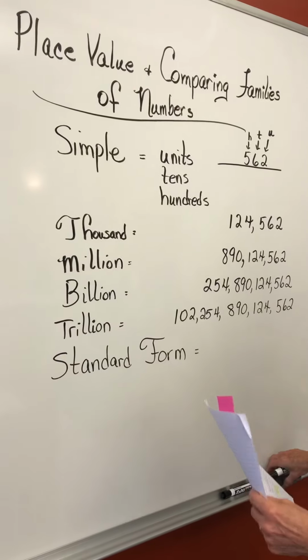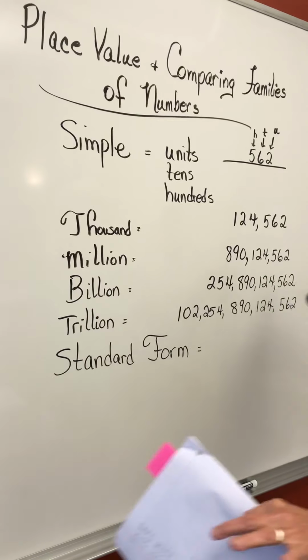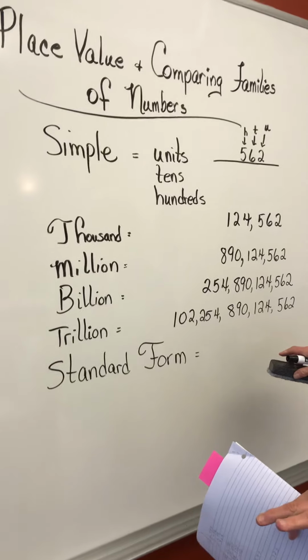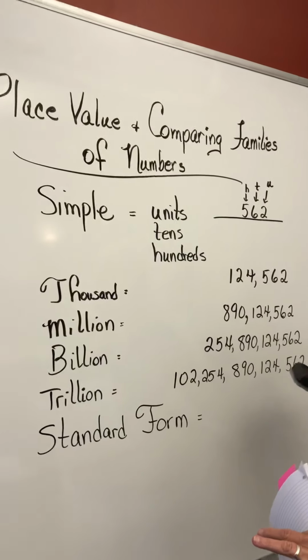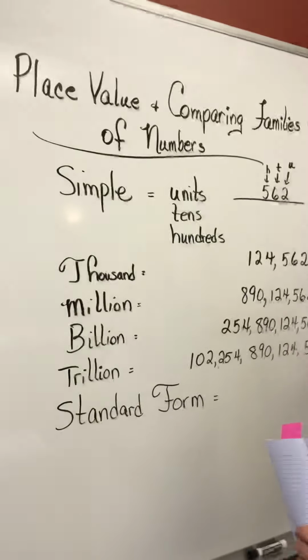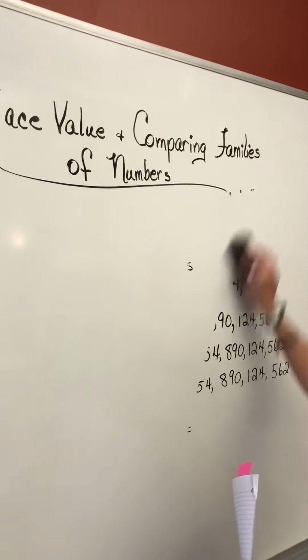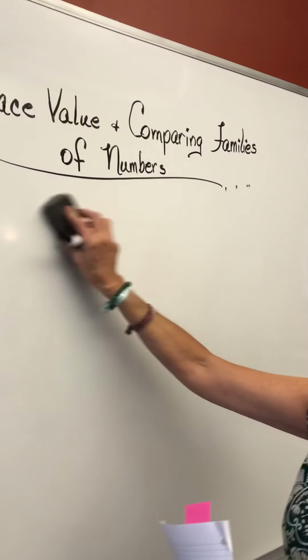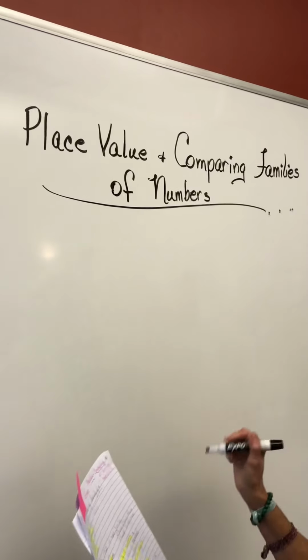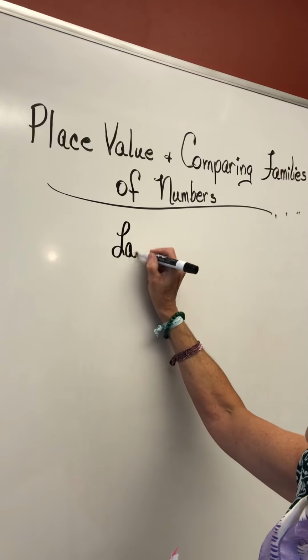If we have a really large number, so I'm going to erase this. I'll give you a moment if you needed to copy it down, or you can always pause it on this screen if you need it, okay? So we'll move on here. So let's say we're working with very large numbers, right?